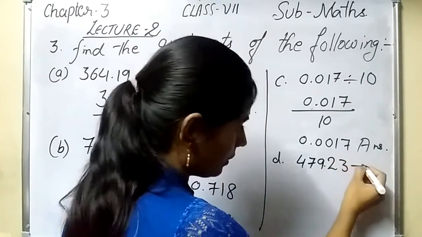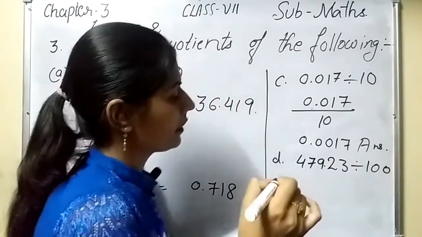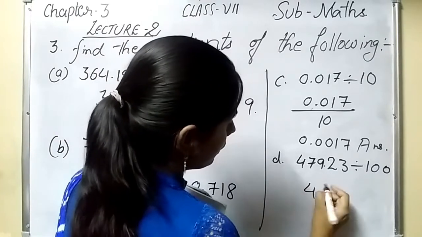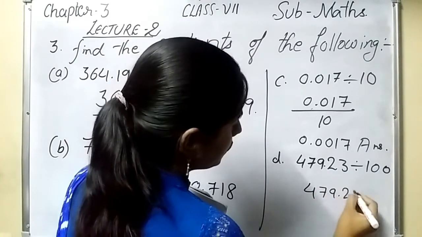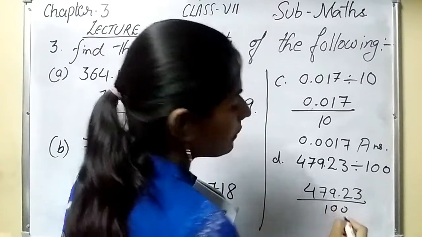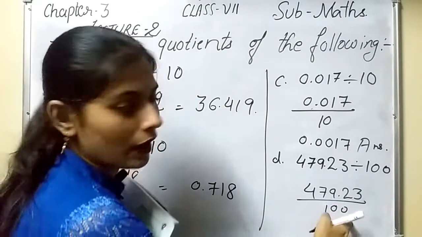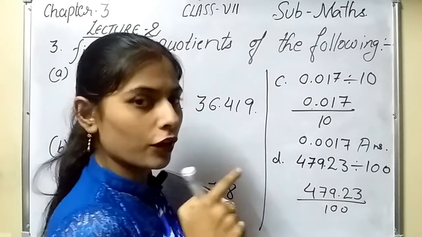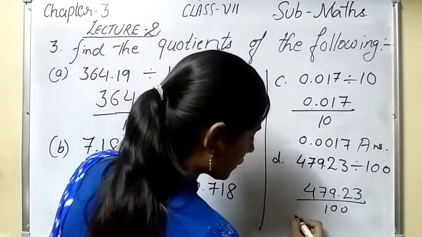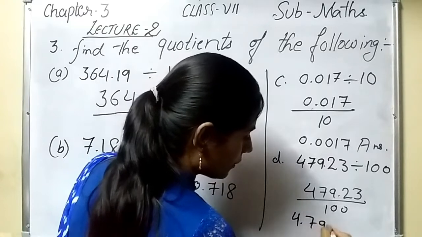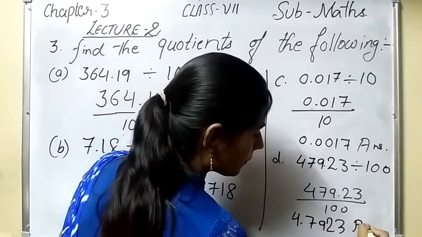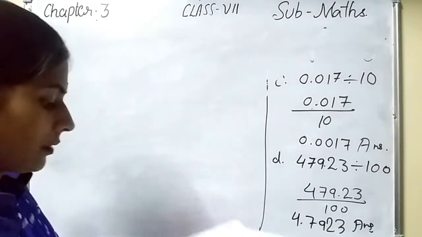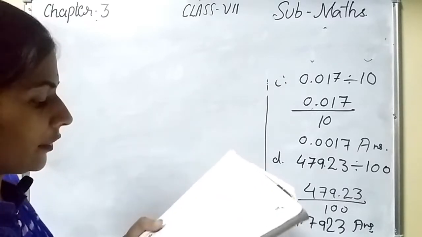D: 479.23 divided by 100. There are 2 zeros in 100, so move your point 2 digits before. 4.7923 is your answer. E is also similar, you can solve it.